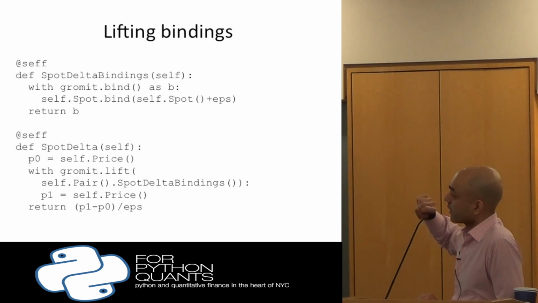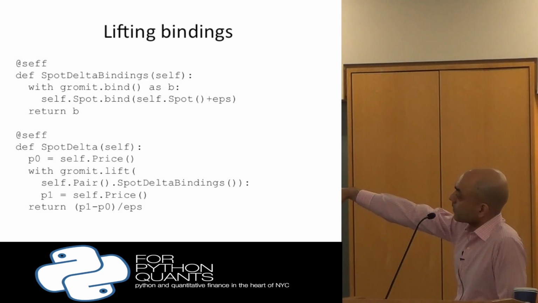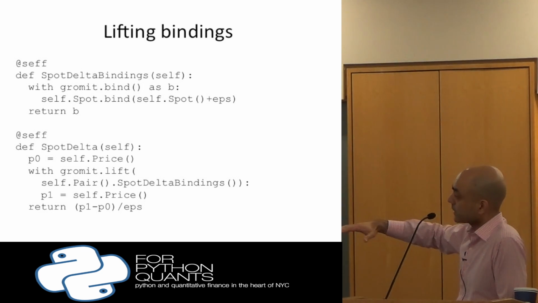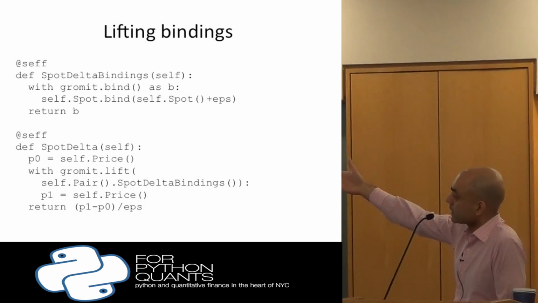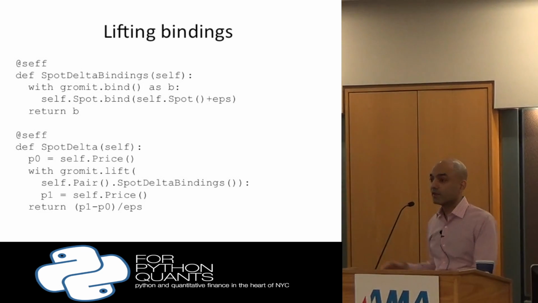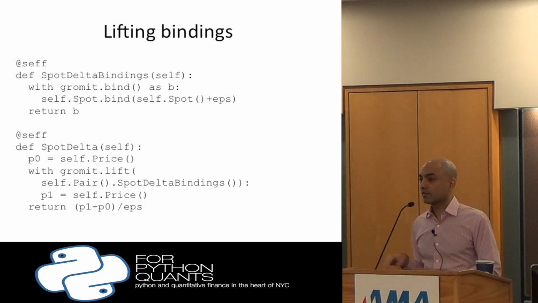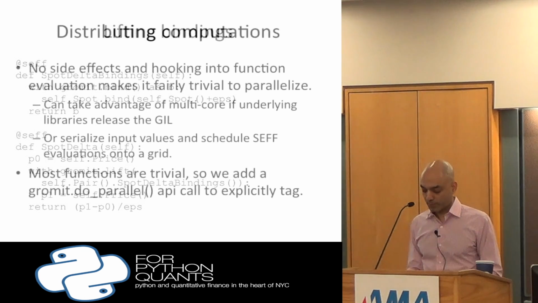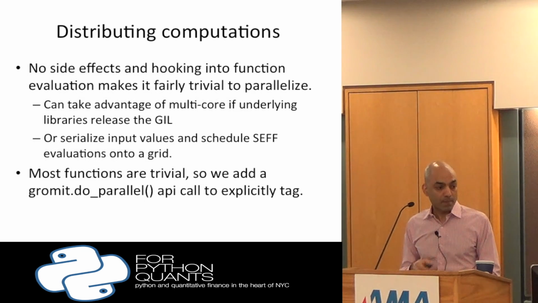So it hasn't mutated anything. And then if I want to do a delta, I simply say, here's my price, P0, the price flat in the current binding set. Then I lift into this new binding set and I ask for another price. So that gives me my delta. So I can essentially take binding sets, put them on the graph, and construct purely functional scenarios.